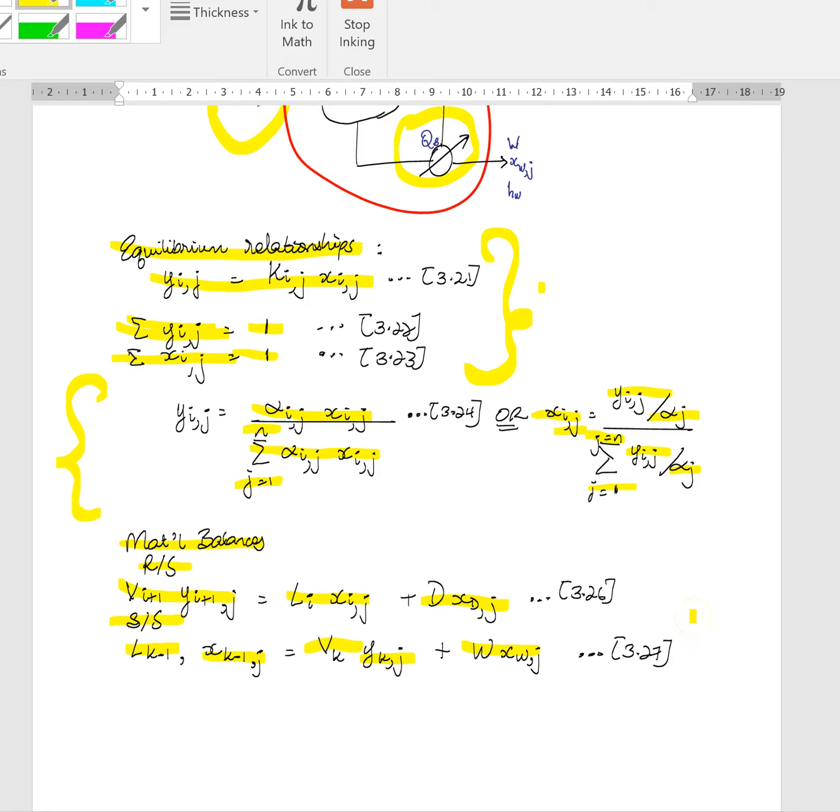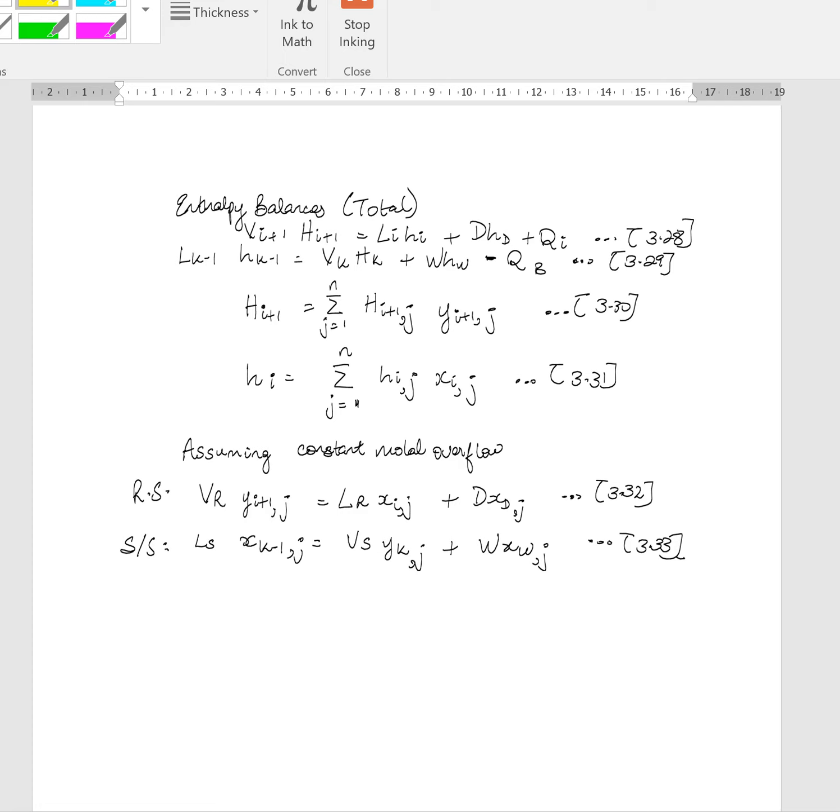Pause the video again and do an enthalpy balance across the rectifying and stripping section. The enthalpy balances being developed would be total enthalpy balances.